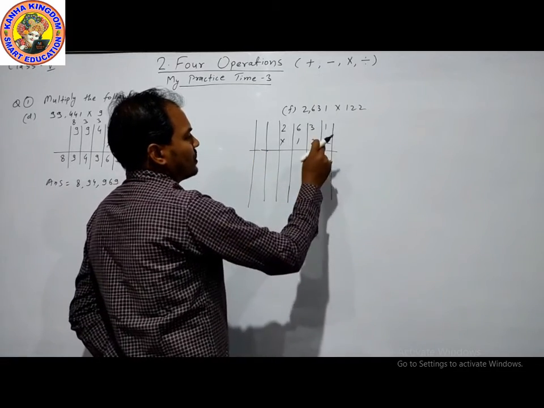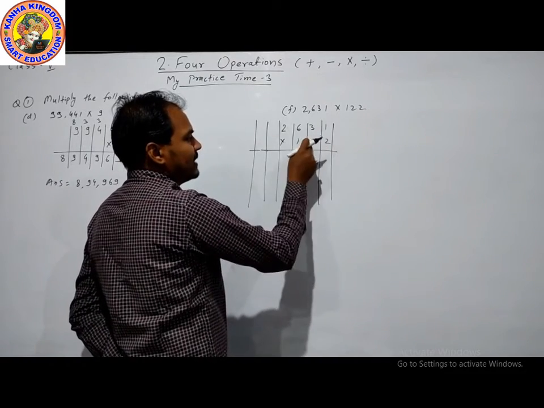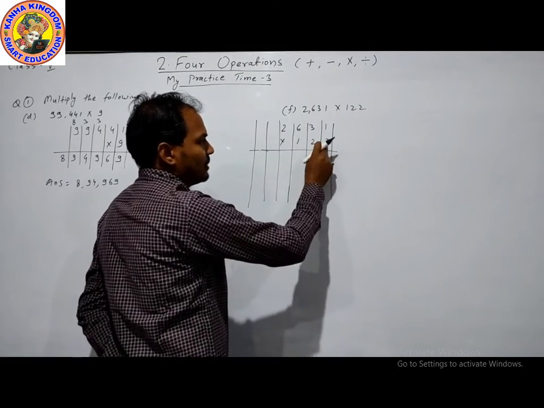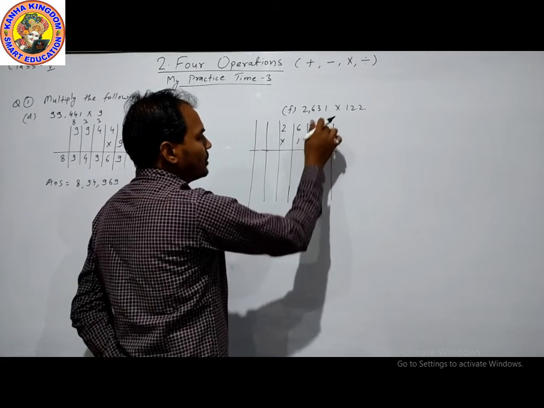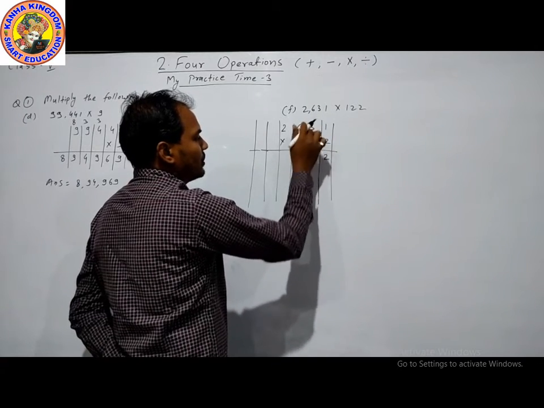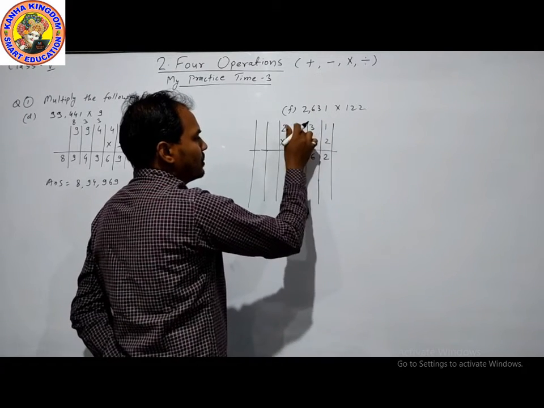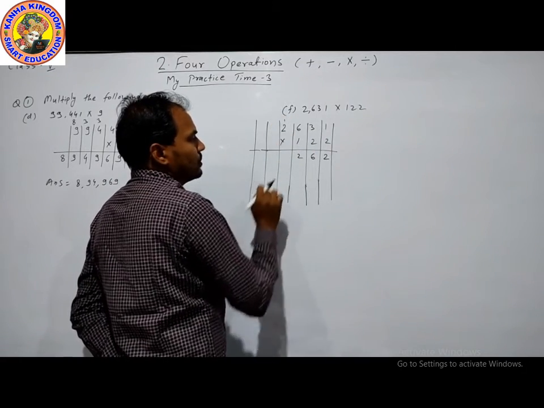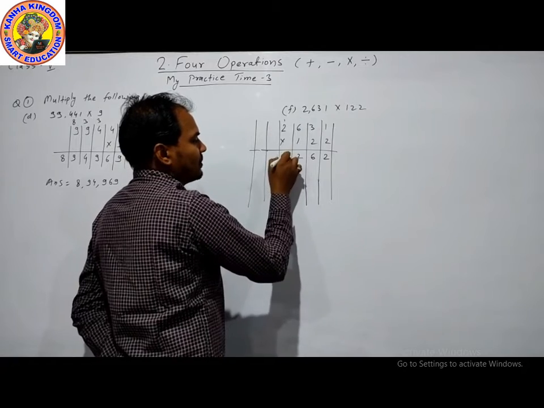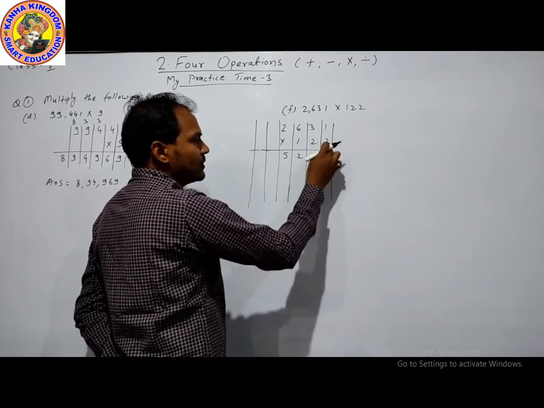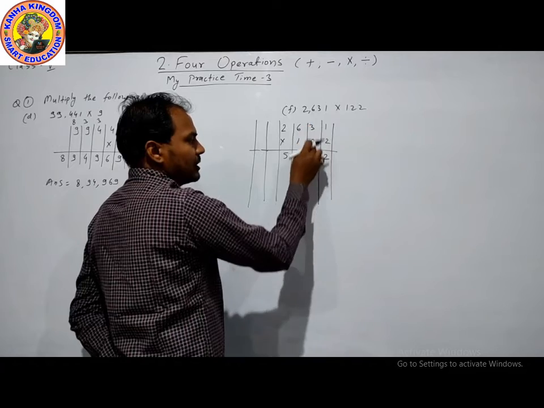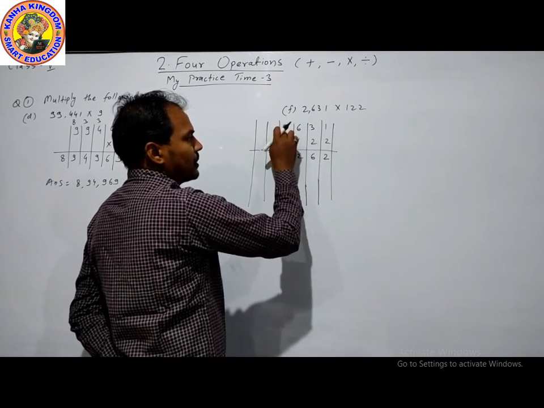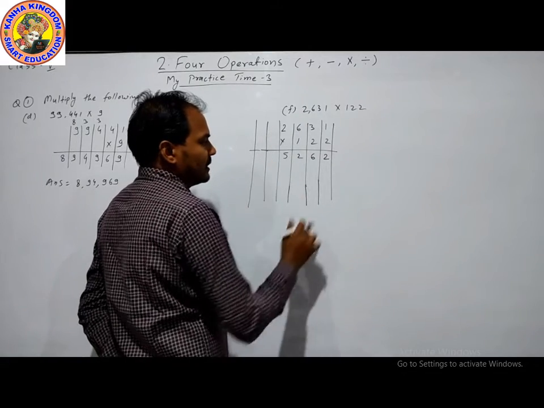Now first of all 2 will multiply by this, then 2 will multiply by this, then 1 will multiply by this. First of all 2 into 1, 2, 2 into 3, 6, 2 into 6, 12, 2 into 2, 4 plus 1, 5. 1 is the carry point.